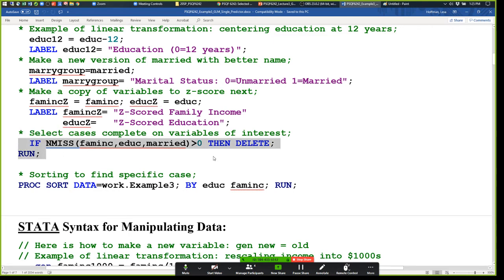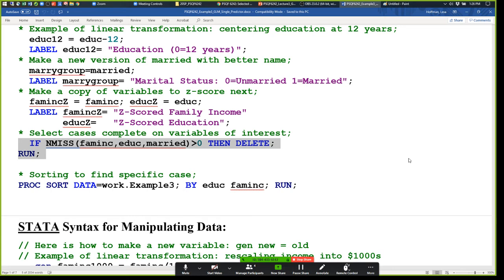And last but not least, I am removing any cases from the data set who don't have all 3 variables that I'm going to use in this example. This is an example of a function. The functions that are built in to SAS and Stata are very useful for lots of things. This function is called nmiss.